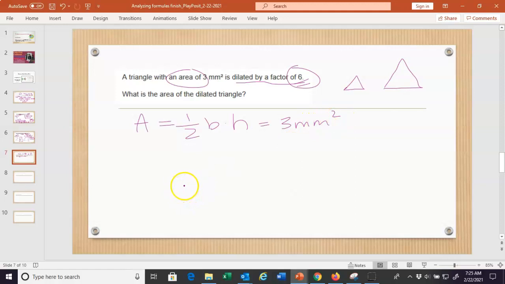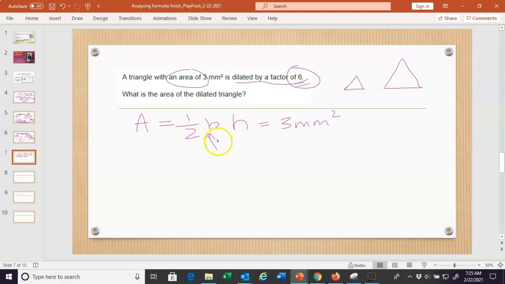So when we do dilation, if you remember back to the days of dilation and translation and all of those different transformations, dilation affects every side length of the shape. So we're going to change each side of this triangle by a factor of 6. And factor, all we do is multiply. So we have 2 side lengths here in our formula.